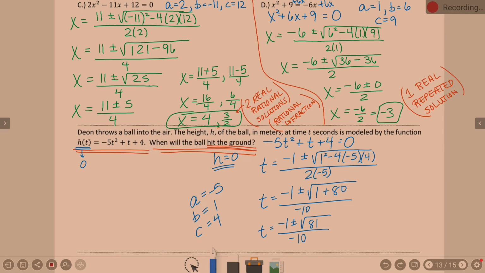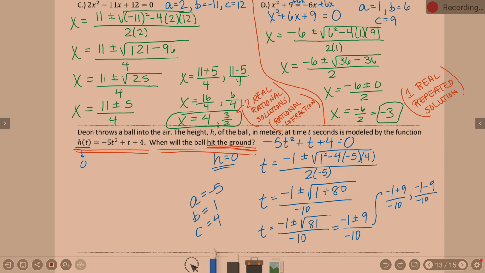What do we know about the square root of 81? It's 10, or excuse me, 9. So negative 1 plus or minus 9 all over negative 10. Shall I stop here? No. Realize you've got to think about negative 1 plus 9 divided by negative 10 and negative 1 minus 9 divided by negative 10.